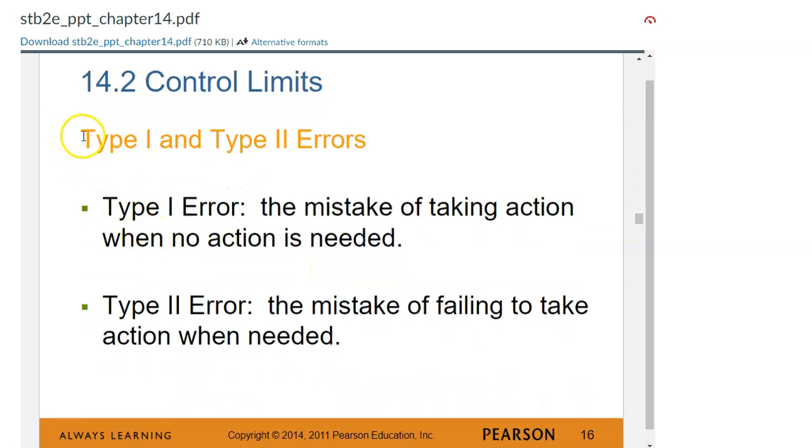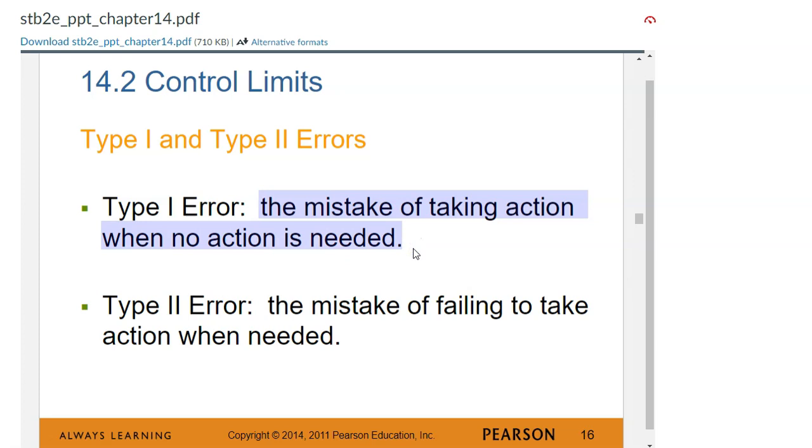Type 1 and type 2 errors in control limits is exactly the same as the decision error that I started the topic with. If you remember, I said if a system is working well and you stop it, that's an error in decision, right? So look, type 1 error: the mistake of taking action when no action is needed.